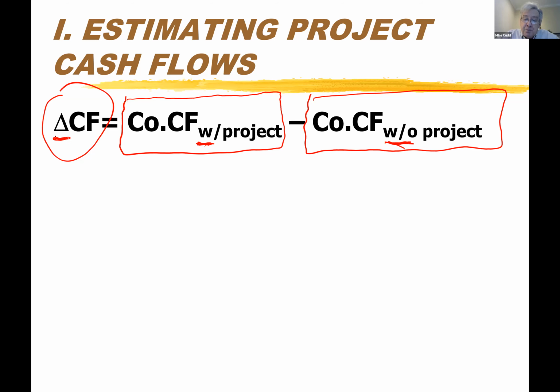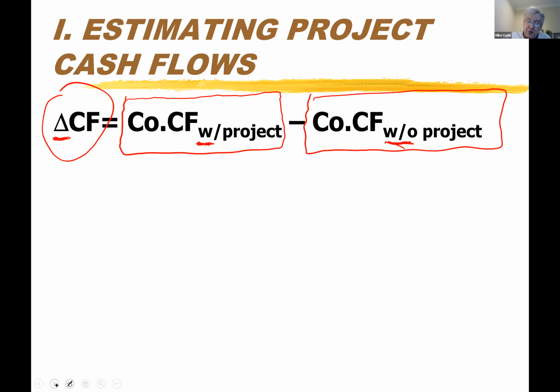So if we accept the project, how does the company's total cash flows change? You do the same thing. If you're making $50,000 in a job and somebody offers you a job that pays 70, what do you focus on? You focus on that extra 20, the change.